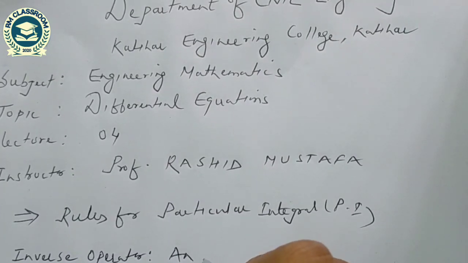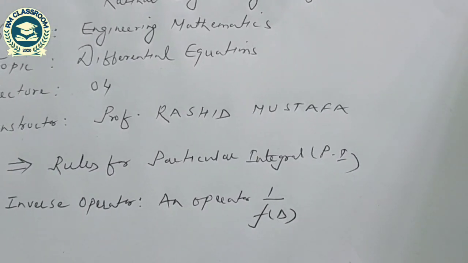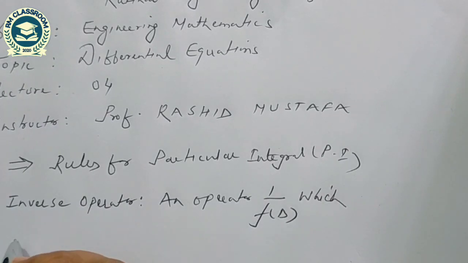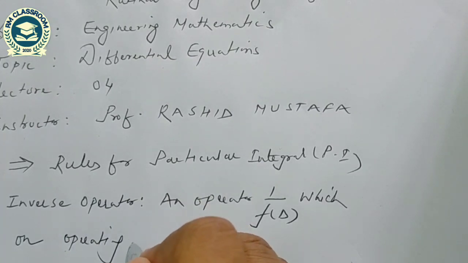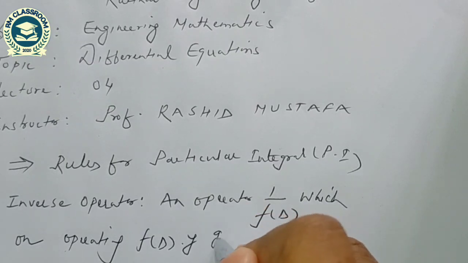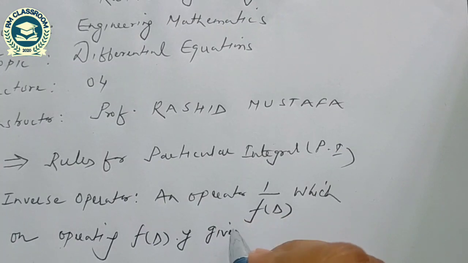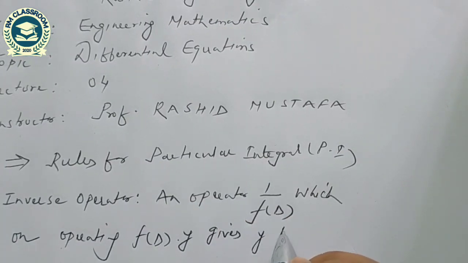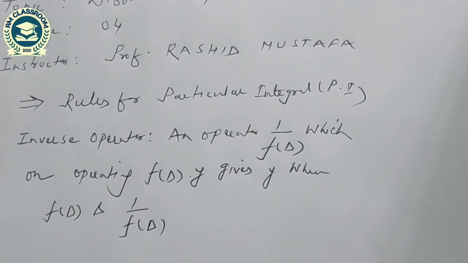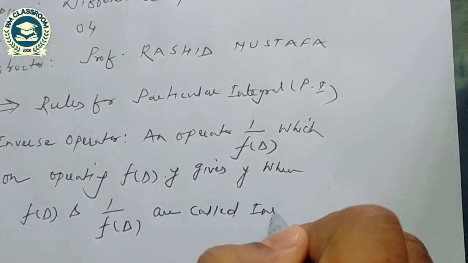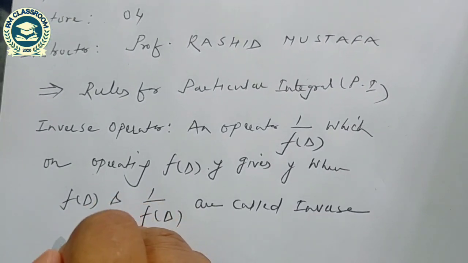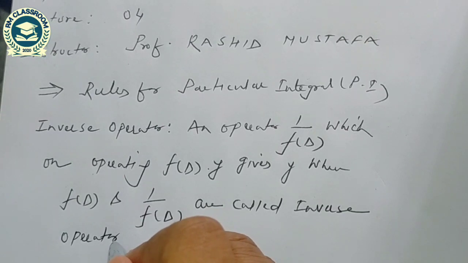The inverse operator is an operator 1 by f(D), which on operating on f(D) into y gives y, where f(D) and 1 by f(D) are called inverse operators to each other.